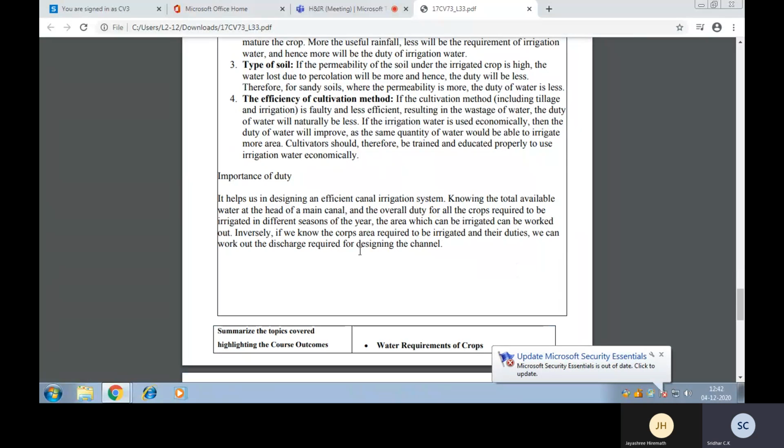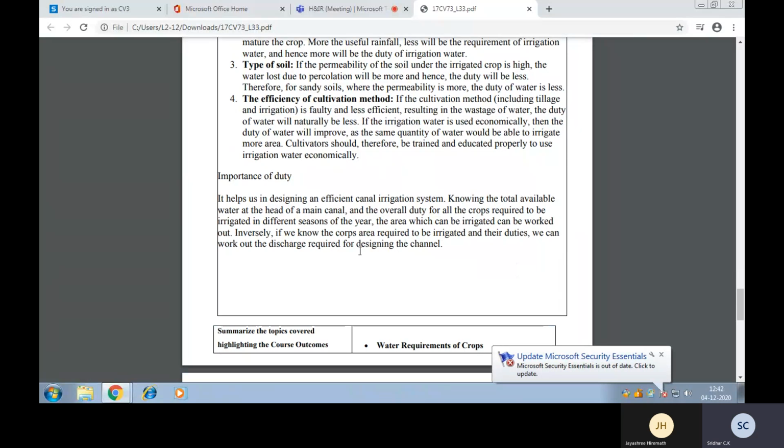The importance of duty is because we have to design an efficient canal. Efficient means, once again coming to the same point, without wastage and with lesser input and higher output.